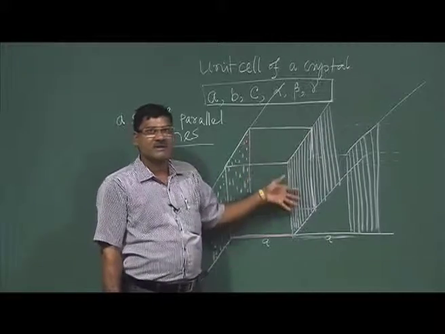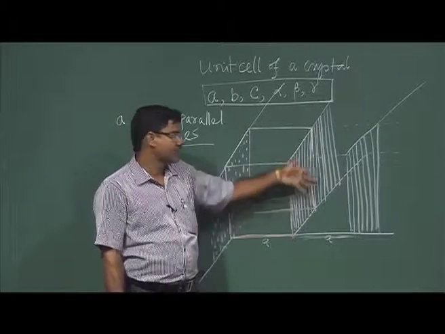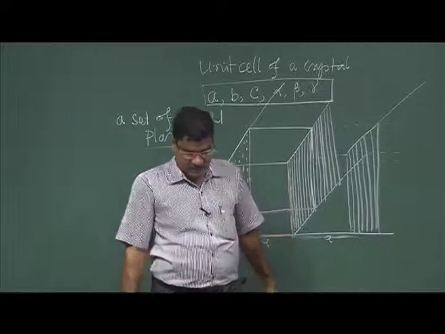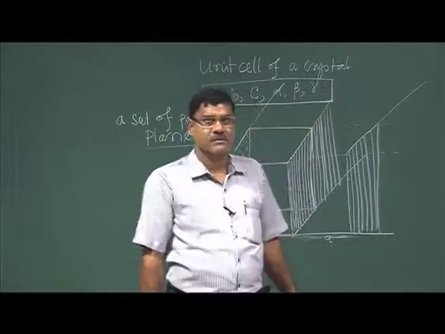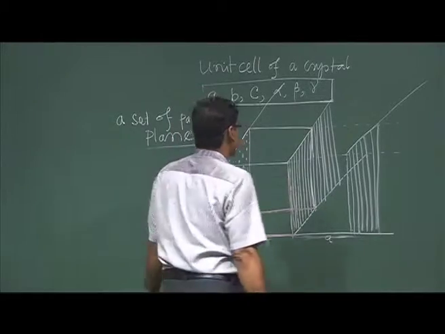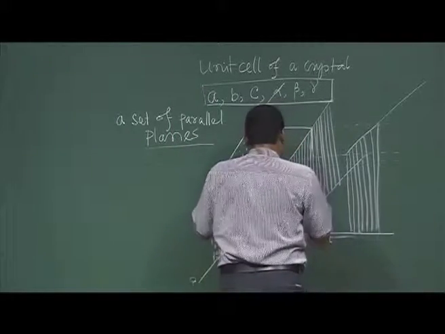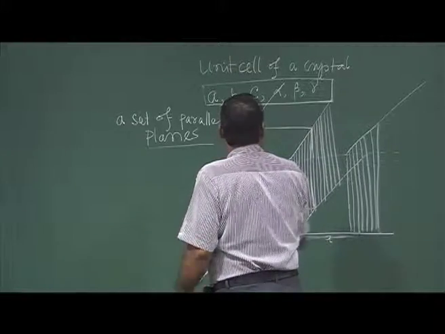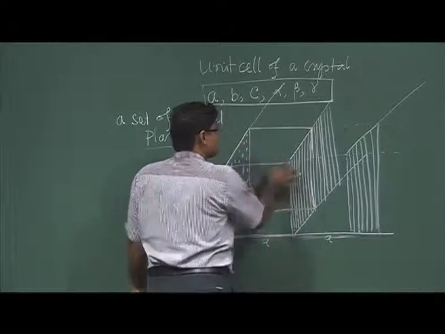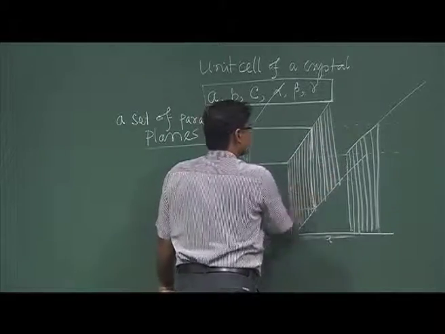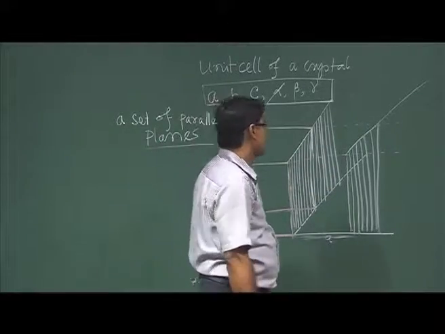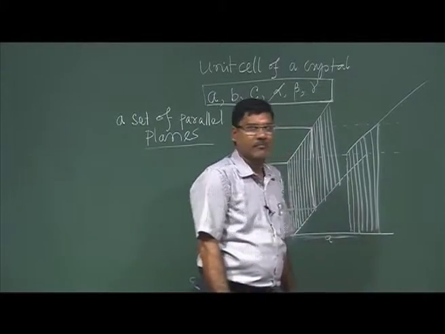Each pair represents a plane. So, from 6 faces we can get 3 planes of the crystal from the faces themselves. So, what are those 3 planes? How can I differentiate those planes? So, we have to give names.